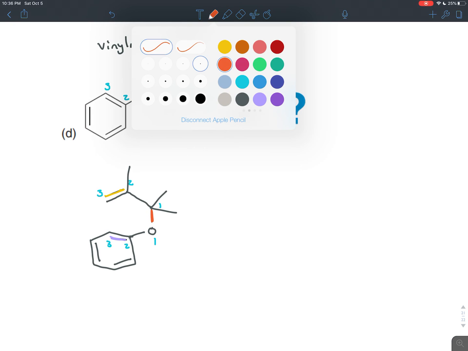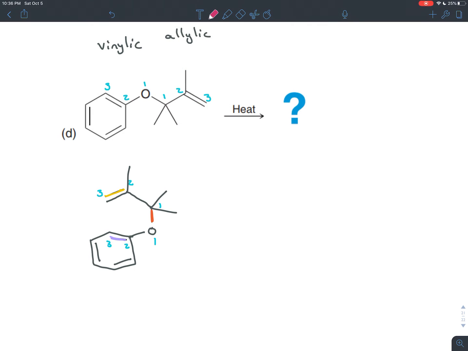So those are the bonds that are going to move around, and here I'm going to move everything clockwise. So this sigma bond is going to break. It's going to go right over there. The purple bond is going to break. It's going to go over here. And then the yellow pi electrons will move over too.